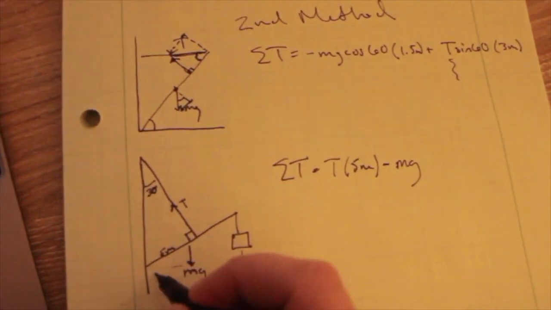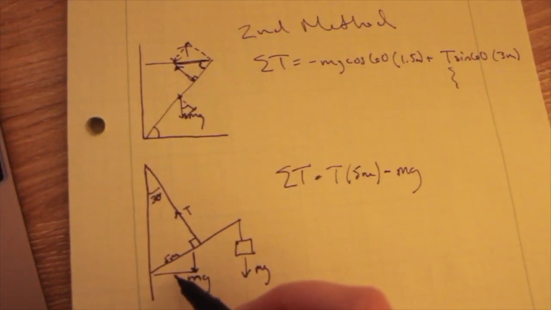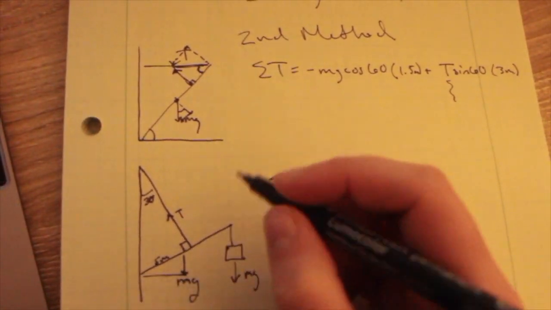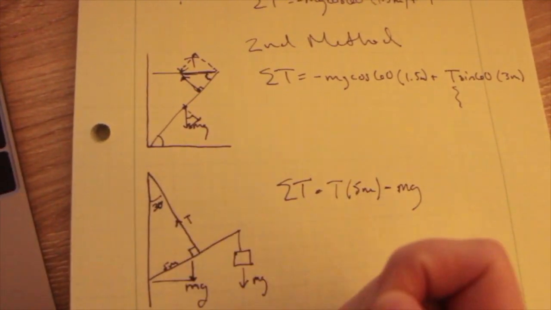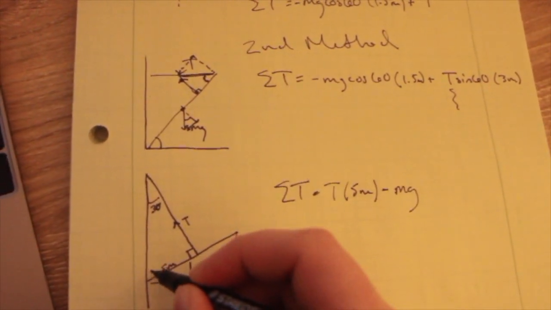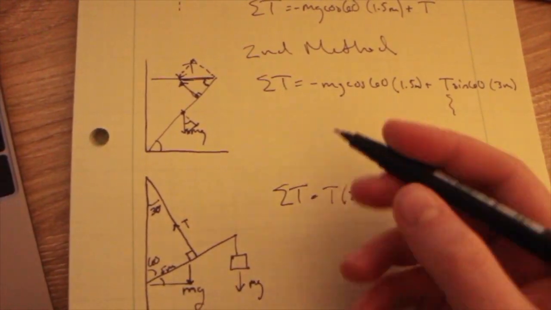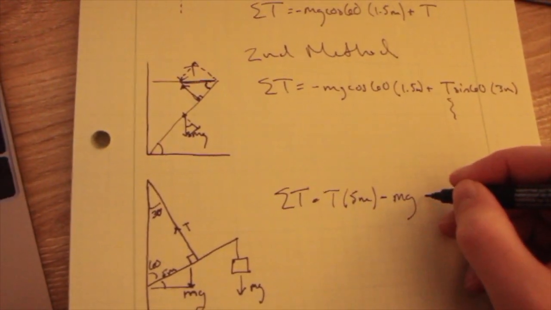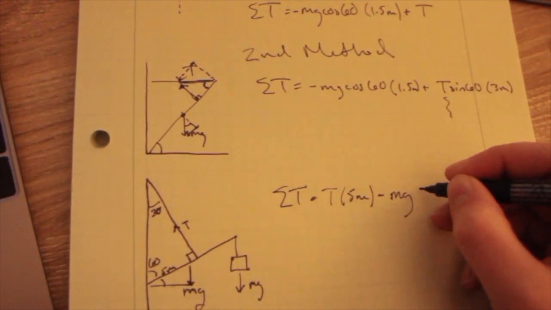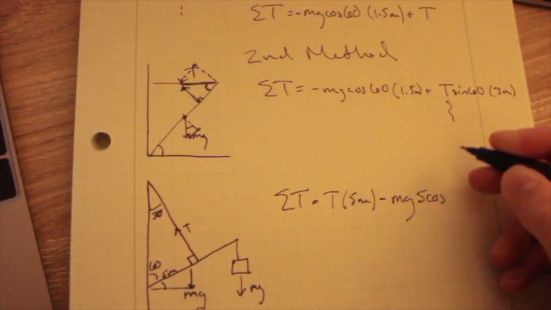And then I basically have already extended my line of action. That's the moment arm that I just drew. And so if that angle is 60 degrees, then you know that this angle is 30 degrees. So I'm going to take the adjacent side, which will be 5 cosine 30.